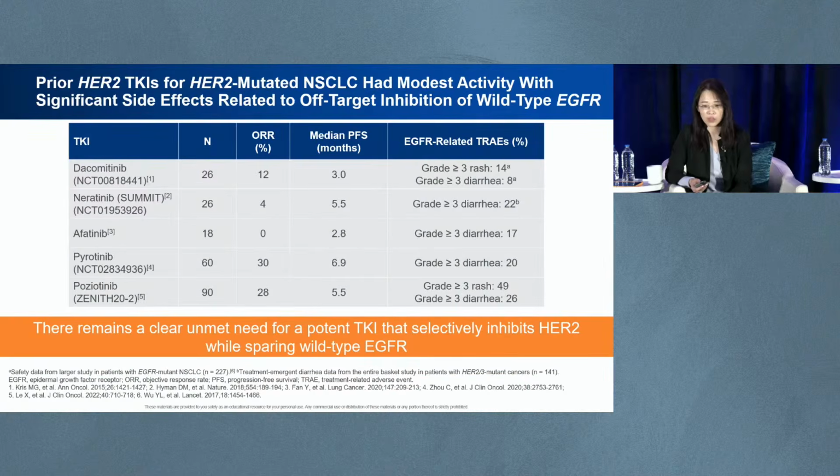One is the response: as you can see, even for pyrotinib and poziotinib it is only 30%, and the duration of response or progression-free survival is quite short. That also cannot balance the patient's toxicity on treatment, with significant diarrhea. Therefore, this list of medications was not able to get FDA approval.